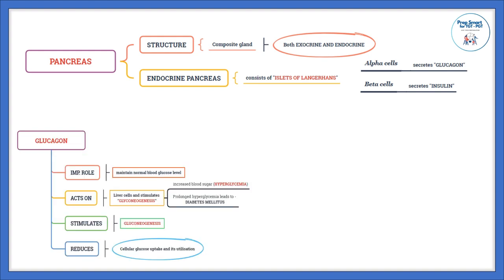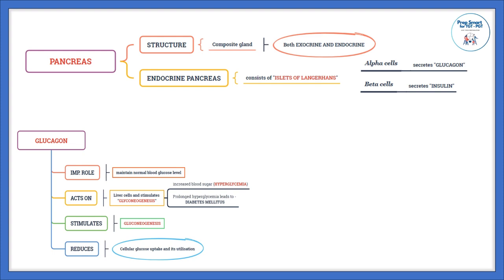Talking of glucagon, the major role of glucagon is to maintain normal blood glucose level. It acts on liver cells and stimulates glycogenolysis. As a result, it increases the blood sugar leading to the condition of hyperglycemia, and prolonged hyperglycemia can lead to diabetes mellitus.